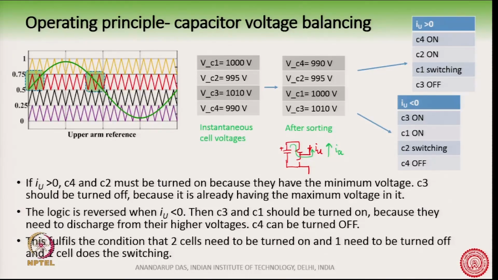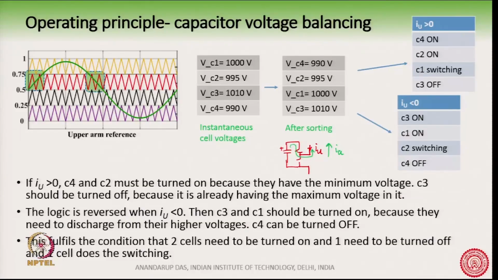This is inbuilt in MMC, where you sense the two arm currents and all the capacitor voltages, because without that you will not be able to balance these capacitor voltages.